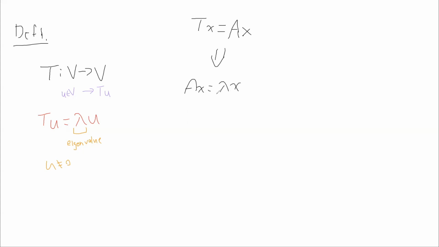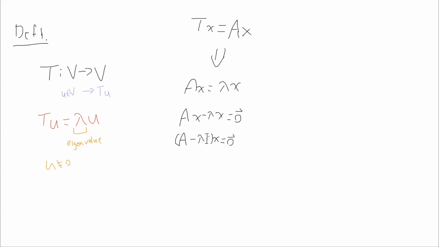Now what I'm going to do is move everything to the left-hand side, like this: Ax minus lambda x is equal to 0. The 0 here, keep in mind, is still a vector. And I'm going to factor out the x to the right-hand side. This is a right multiplication, meaning the vector x is on the right. So I can write this as A minus lambda I, multiplied by x, is equal to the 0 vector.